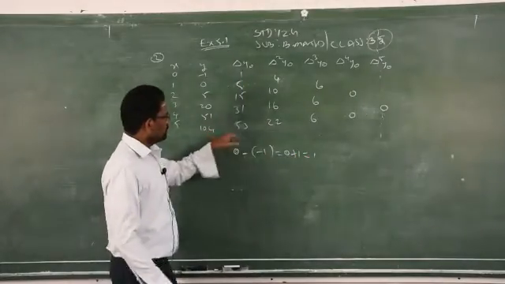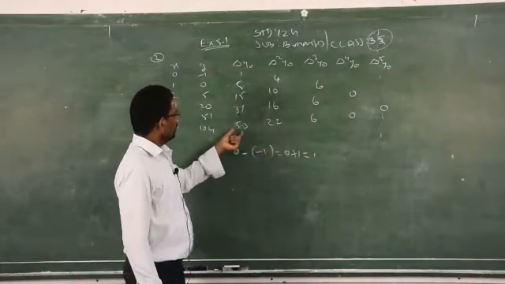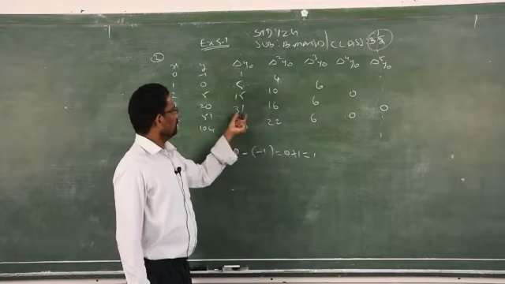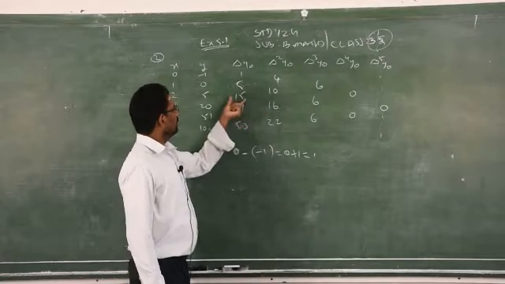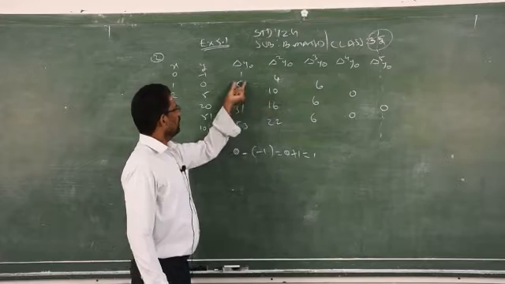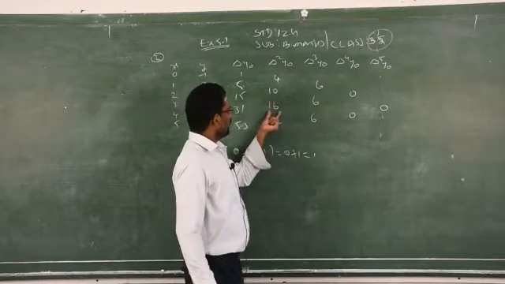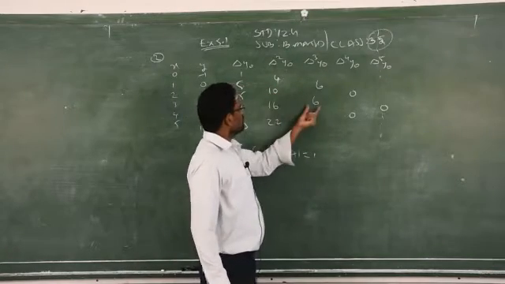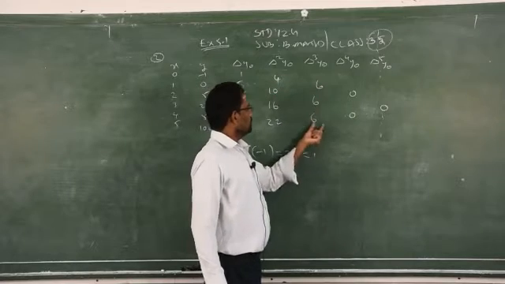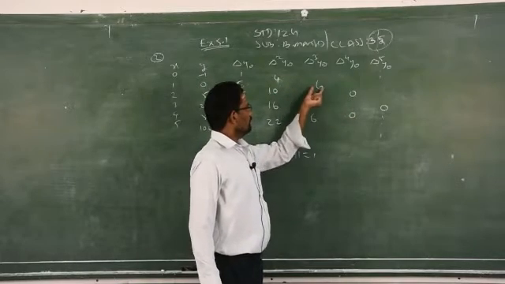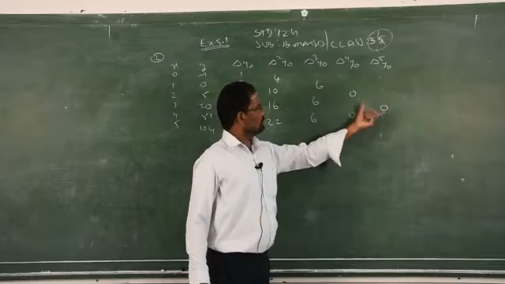Likewise, for the third column: 53 minus 31, 31 minus 15, 15 minus 5, 5 minus 1; 22 minus 16, 16 minus 10, 10 minus 4; 6 minus 6, 0; 6 minus 6, 0; 0 minus 0, 0.